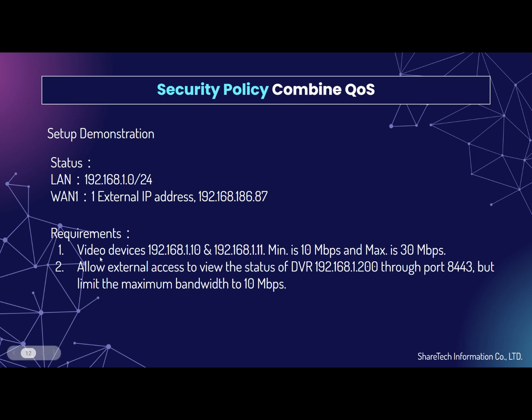The second one is to allow external access to view the status of DVR 1.200 through port 8443, but limit the maximum bandwidth to 10 megabits. And you have to note that QoS must be enabled for the interface.